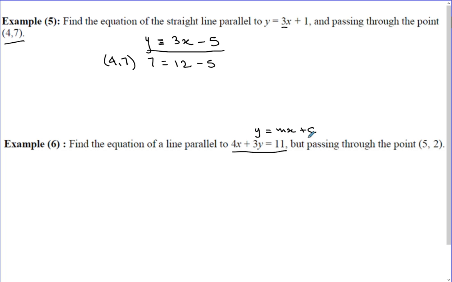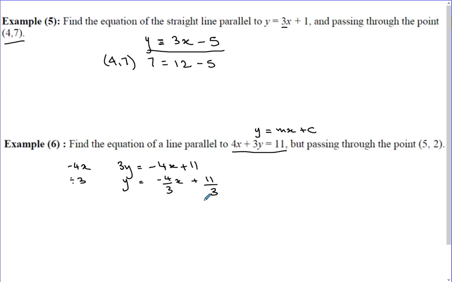So let's take the 4x to the other side, so we're going to minus 4x. So you've got 3y = -4x + 11. And then we have to divide everything by 3 to get 1y. So you've got y = -4/3 x + 11/3.